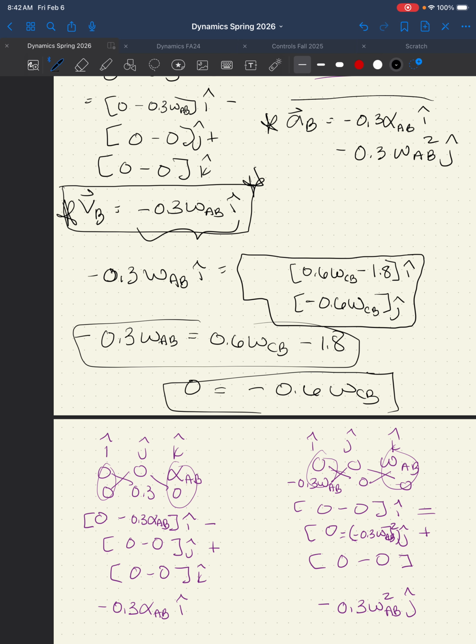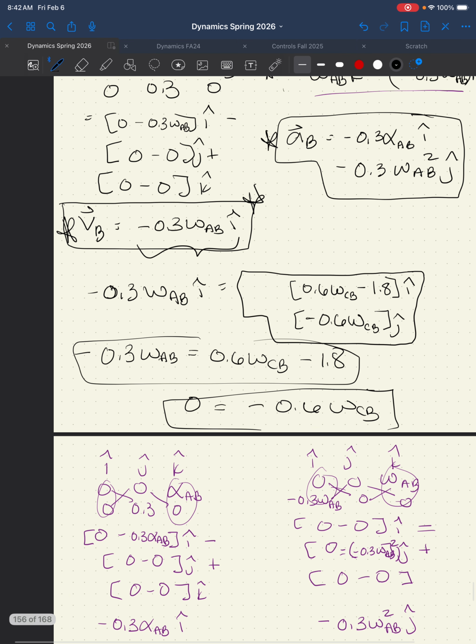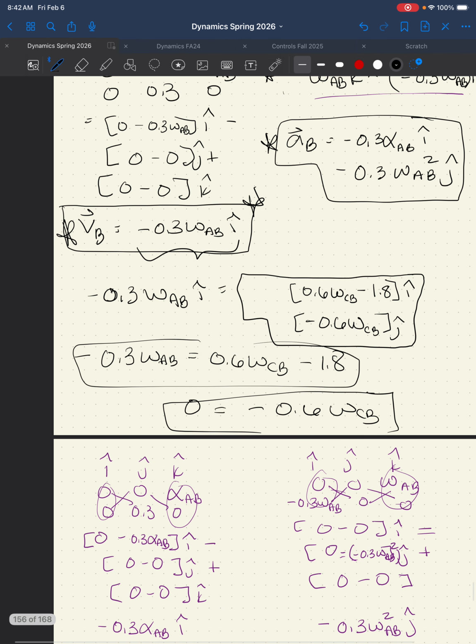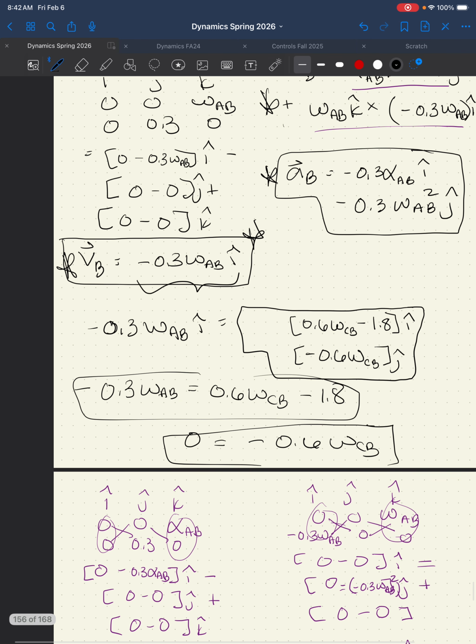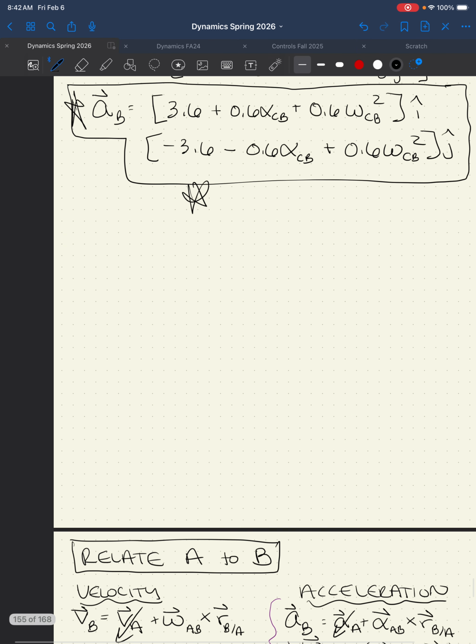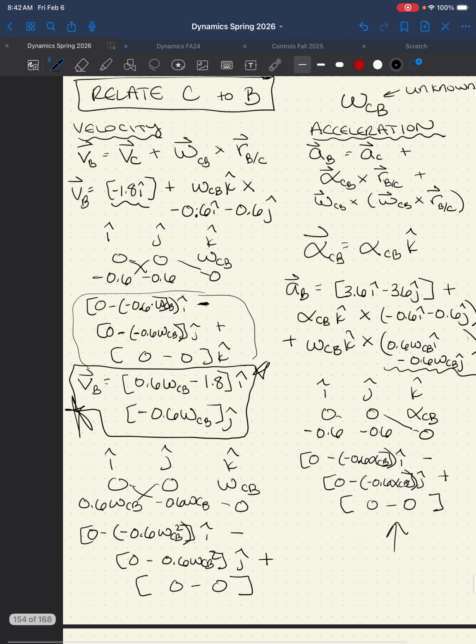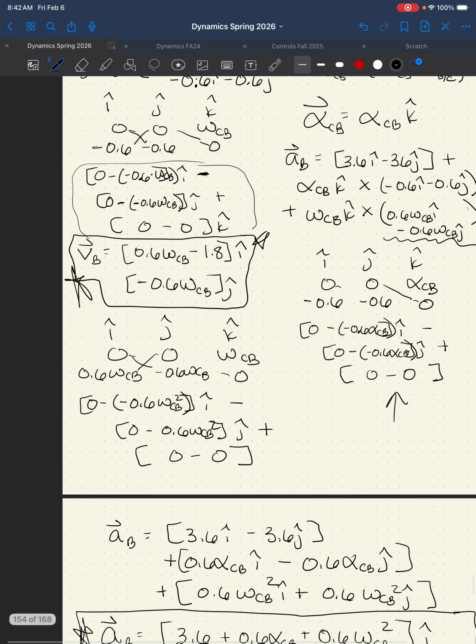Okay, so now I have 2 sets of expressions for the velocity of point B and for the acceleration of point B. And I can set them equal to each other.